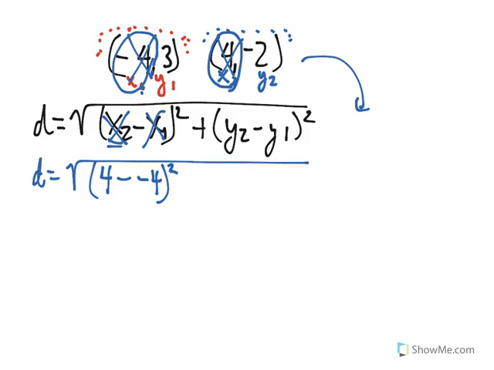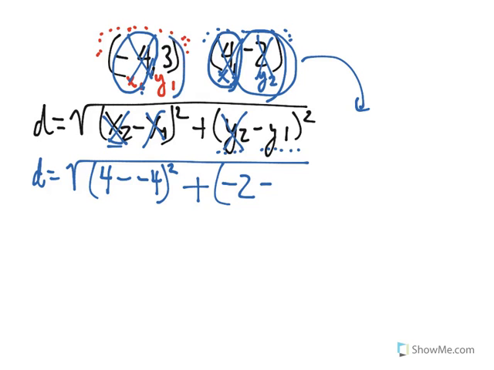And I'm going to square that. Plus, what's y2? y2 is -2 minus, that's done, y1. Where is y1? Here it is, 3. That's done, squared.